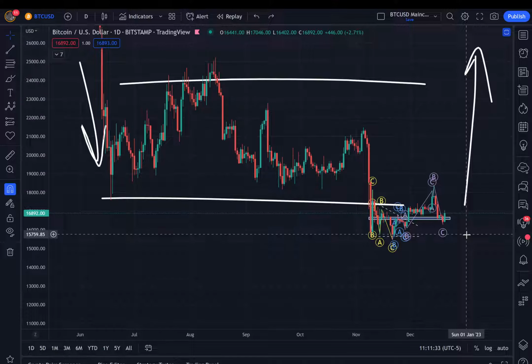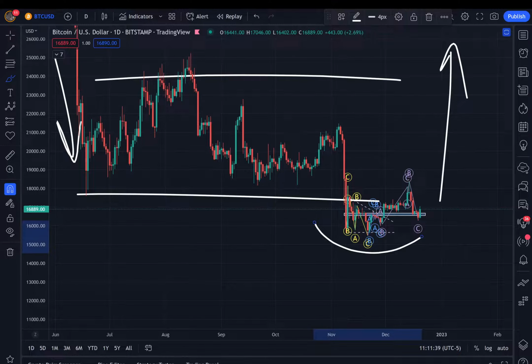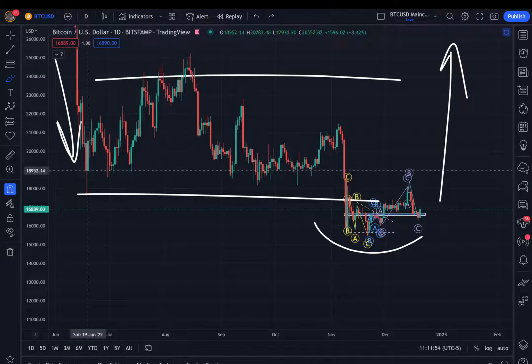Now, some of you may say, hey, Dean, what do you make of this? Like, that's broken the channel. Well, there's something called wicking below support, and that doesn't violate a channel. There's a point at which if you go down too much, yes, you do violate the channel. What is that? It is the phi ratio, the 1.618 of the A wave, okay?